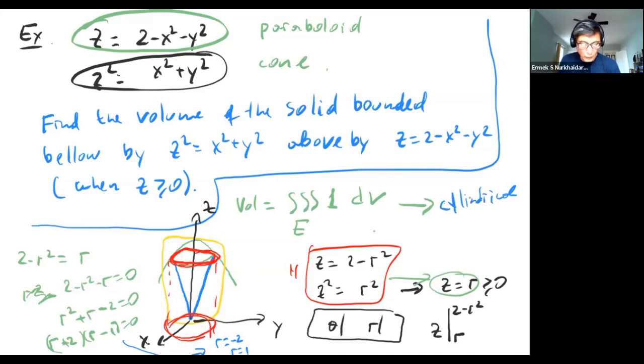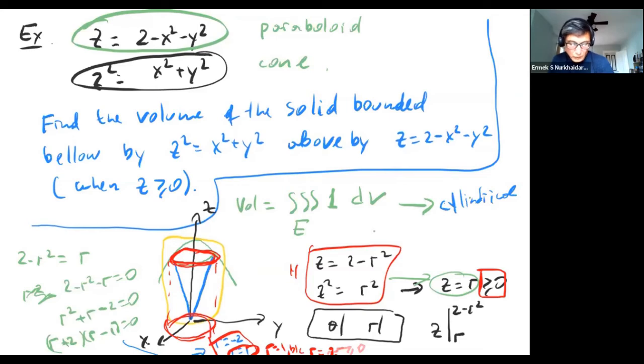Looking carefully at which one to choose, recall our condition that z should be positive. So we choose r equals 1, because r equals z, which is greater than or equal to 0.